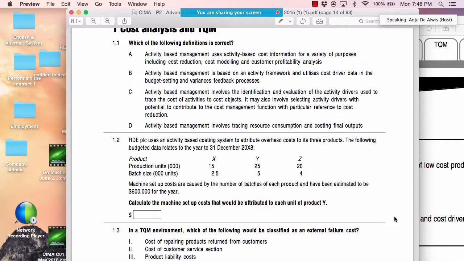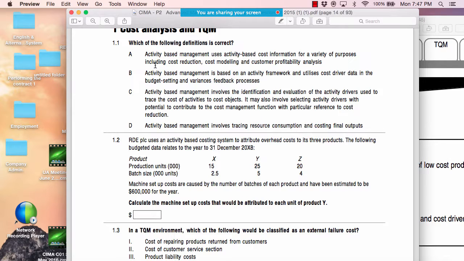Right, okay. So let's look at C. Activity-based management involves the definition and evaluation of the activity drivers used to trace the cost activities to the cost objects. Yeah, that's more the costing, isn't it? It may also involve selecting activity drivers with the potential to contribute to the cost management function.